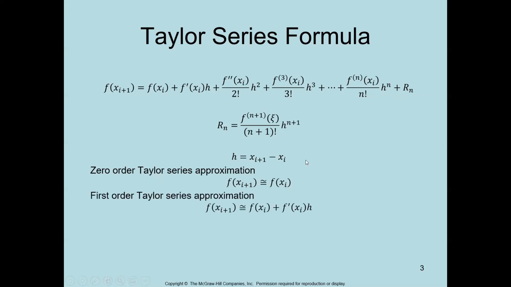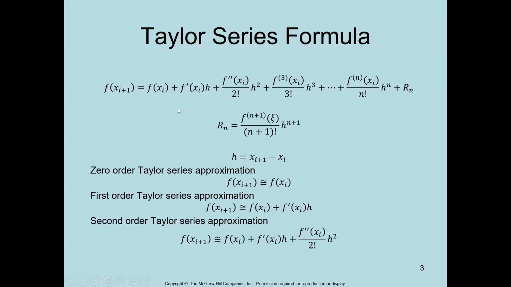First order Taylor series approximation will include the first two terms. The second order approximation will use the first three terms. The more terms we use, the closer the answer will be to reality, and the less error there will be in the answer, and so on.